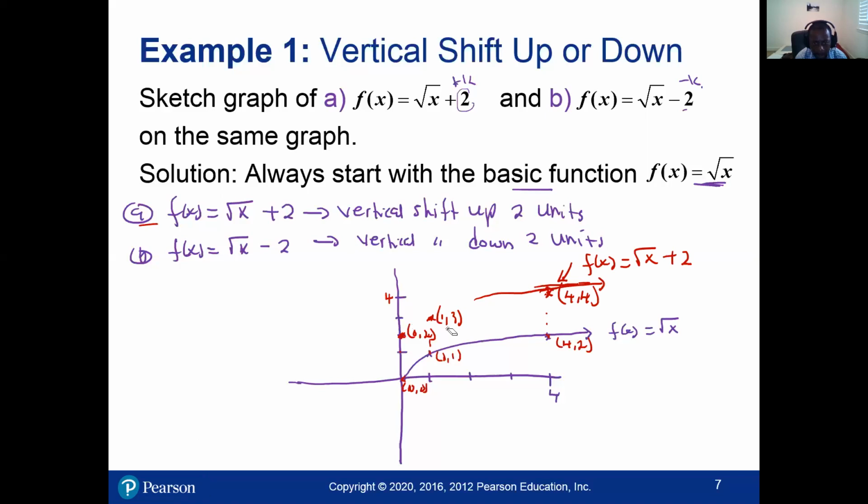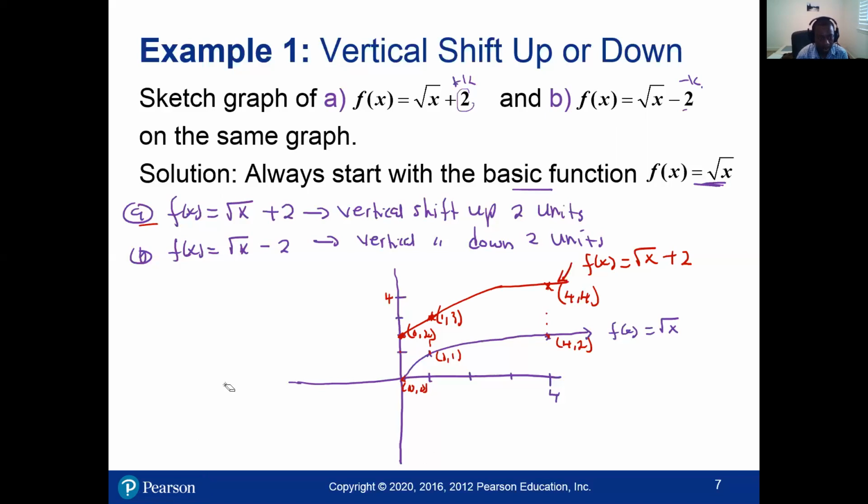Let's try it again. We're starting from 0, 2. Because it's not drawn to scale, it's going to be harder. So we have this and it goes like that. So that's the graph for that.